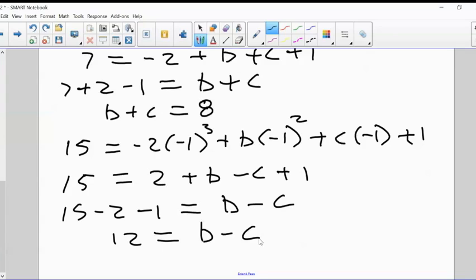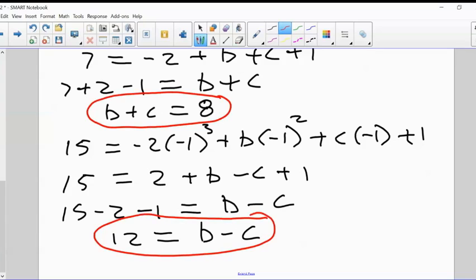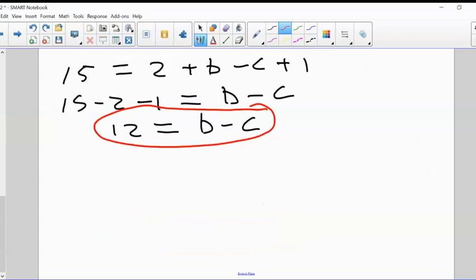Yeah, and we now have the second equation. So what I'm going to do is use elimination because I find that easiest. So we have 2 equations. We have 1 equation here and a second equation here. I'm going to combine those using elimination.